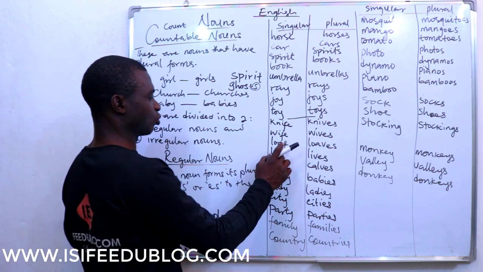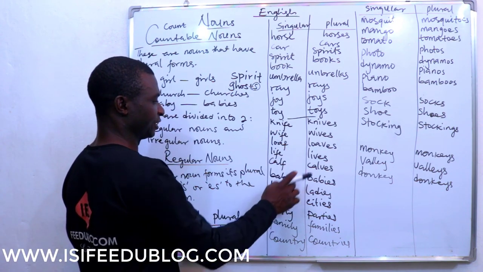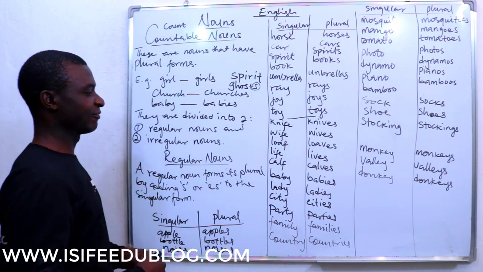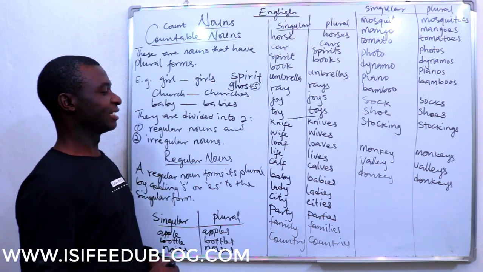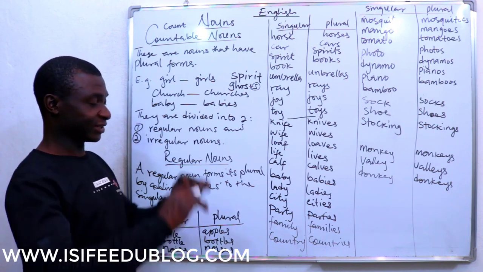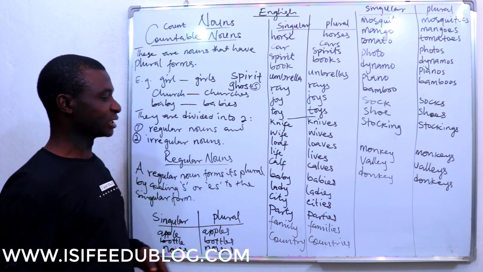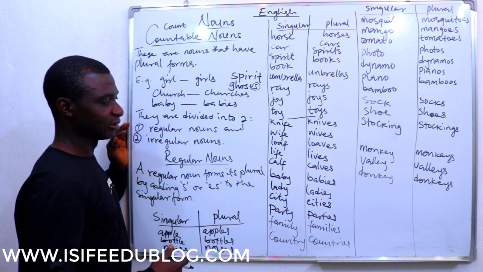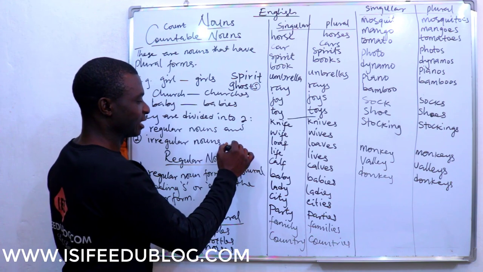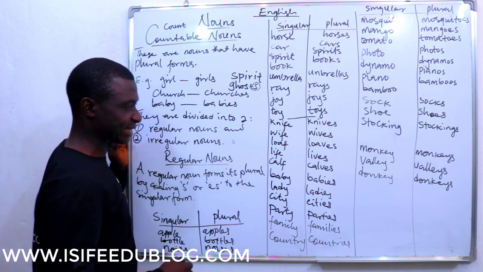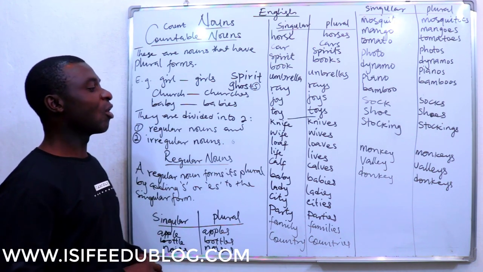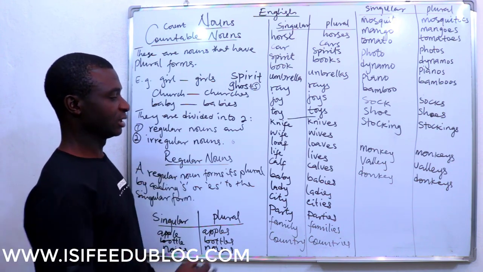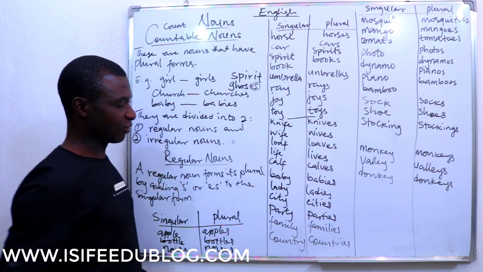Remember that there is a usage where life does not take the plural form. If life means life as in things happening generally in the world, when life does not mean the absence of death, but means all activities in the world, it does not take the S form.